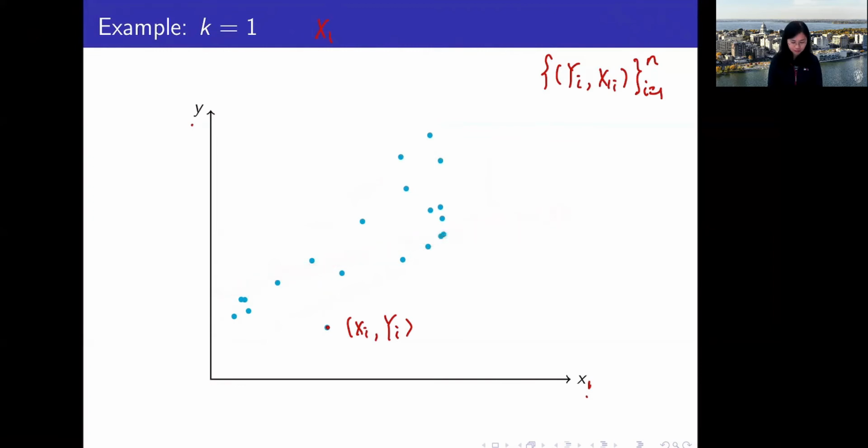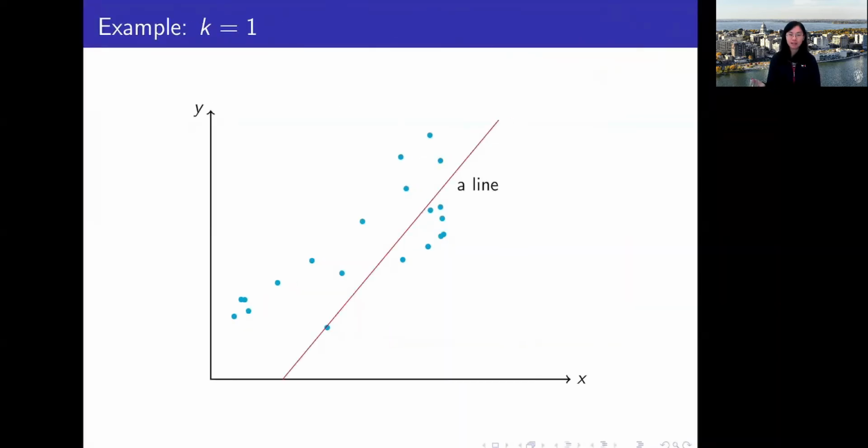You draw a line, for example, I draw a line here. It goes through some points. It's close to some points, but it's kind of far away from some other points. Like this point has a very large vertical distance from the line. So that is a line.